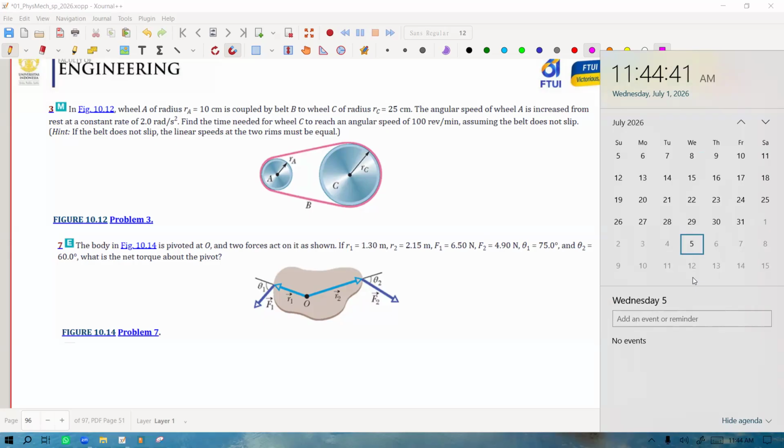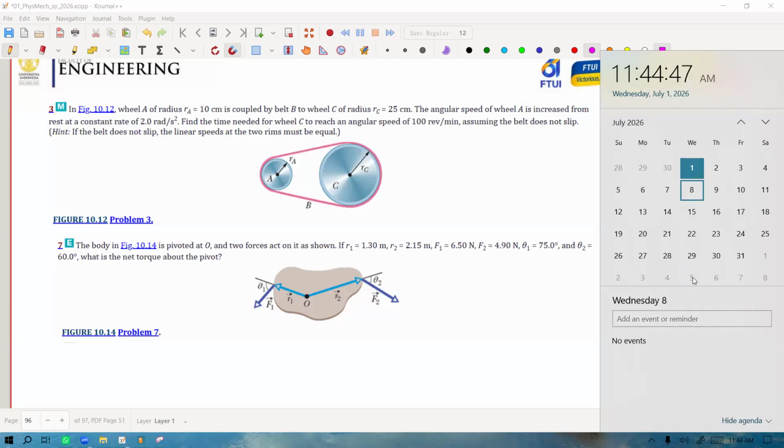Okay, final. For the midterm, we will cover all the material from work until oscillations.